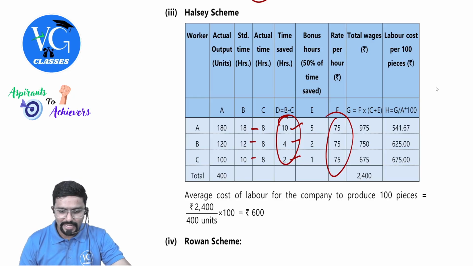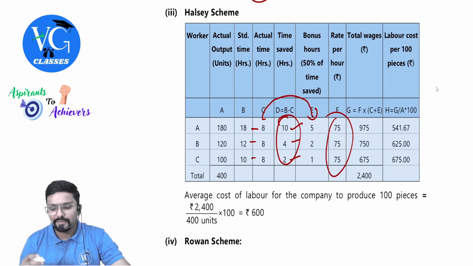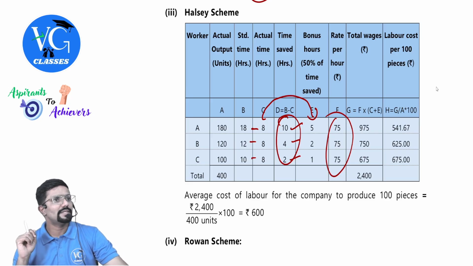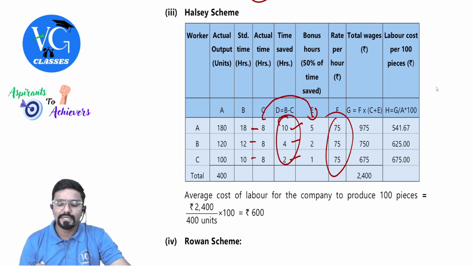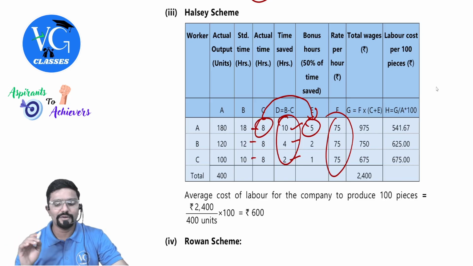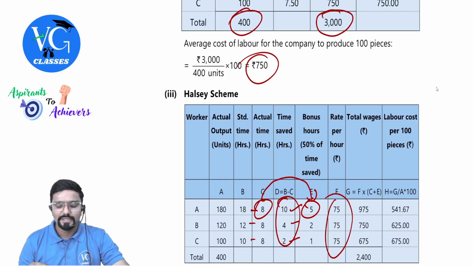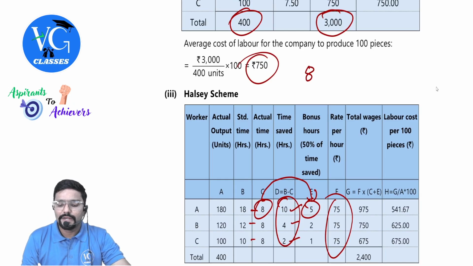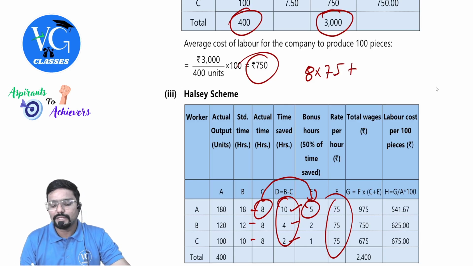Now coming to total wages. What they have done is, time taken they have added with bonus hours, then multiplied with 75. That is 8 plus 5 into 75. They just use the formula only. Don't get confused. I will repeat. Time taken into 75 plus time saved, which is 10, into hourly rate 75.